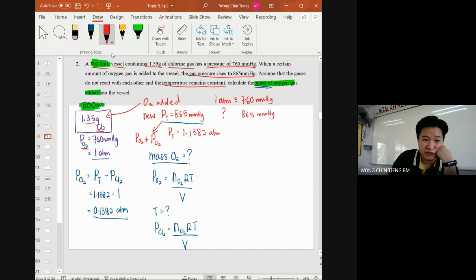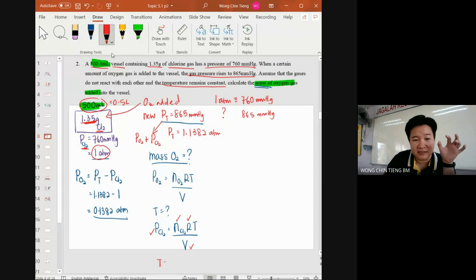Partial pressure chlorine dah ada 1 atm. R is a constant 0.08206, volume 0.5, because in milliliter, so 0.5 liter. Number of mole pun ada sebab dia ada mass. Bahagi molar mass, kamu dapat number of mole. And in here, what we are finding is the temperature in Kelvin.